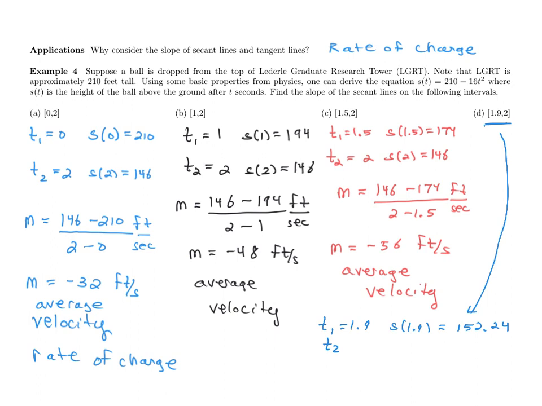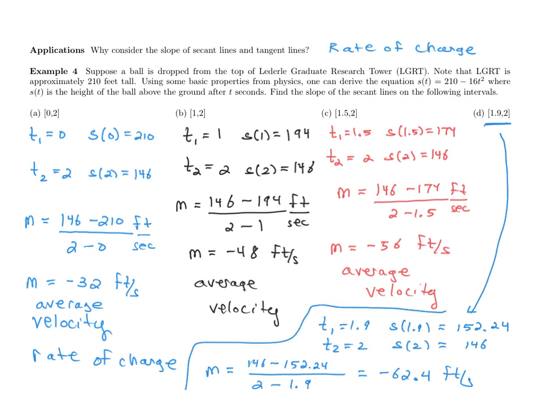And again, T2 being 2 means that S of 2 is equal to 146. My slope M is equal to, let's see, I'll do 146 minus 152.24, all divided by 2 minus 1.9. And in my calculator, I get negative 62.4, and the units are still feet per second, which is still an average velocity.